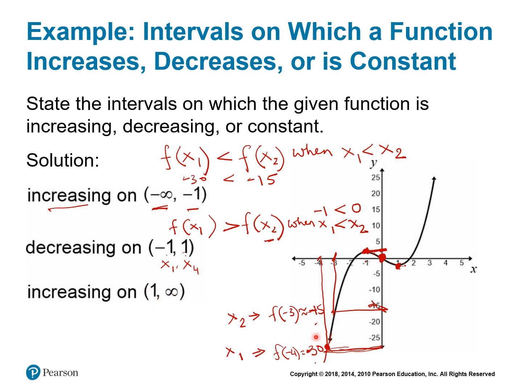On the left hand side, on the spectrum of negative values, it can go as far as negative infinity. So this is how you express the intervals on which a function increases, decreases, or is constant. Again, these intervals are the intervals of x values.